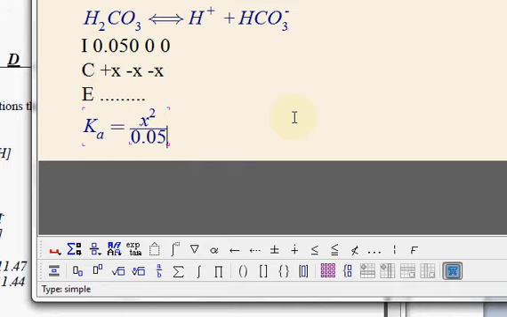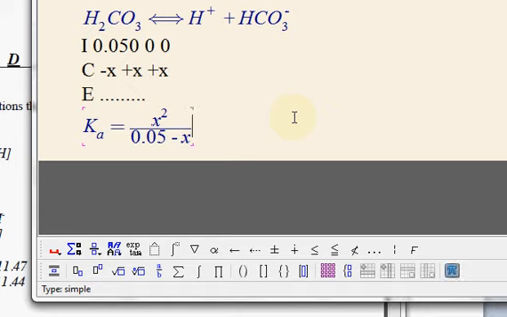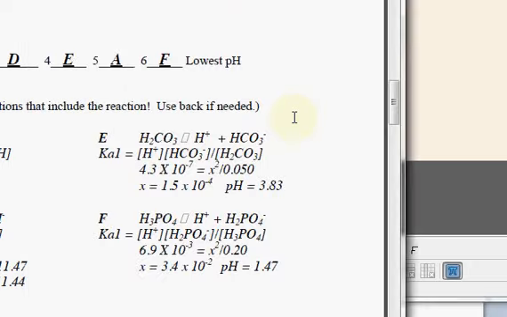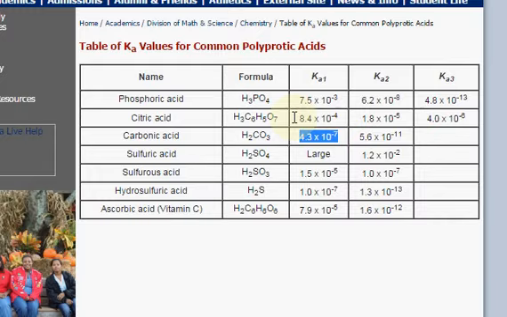Oh my goodness, I keep doing this backwards. I'm just trying to go too fast. But anyway, the important part is, for Ka, you use Ka1, which is on this table. So, Ka1, there it is.